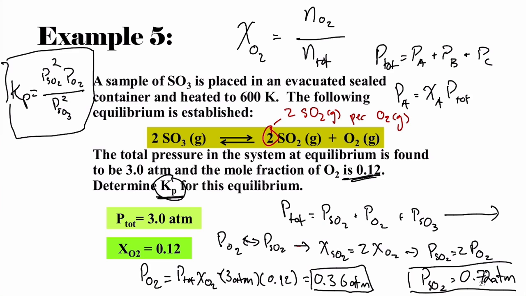But I did that knowing, actually no, I used the fact that this one is 0.24 of the total mole fraction to get the total. So the pressure of the mole fraction of SO3 isn't necessarily 2 times 0.12.